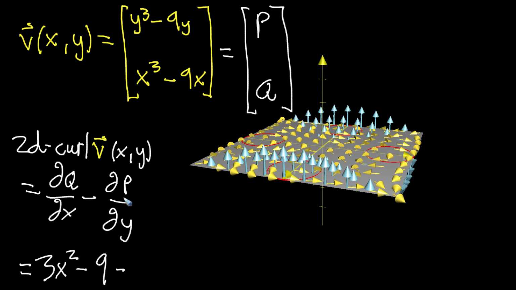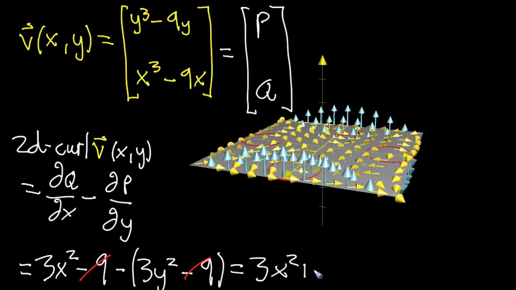When you take the partial of p with respect to y, you're taking the derivative of this top part with respect to y, and that's 3y squared minus 9. And you can say this minus 9 cancels out with that minus minus 9. So these cancel, and what you ultimately get is 3x squared plus 3y squared.